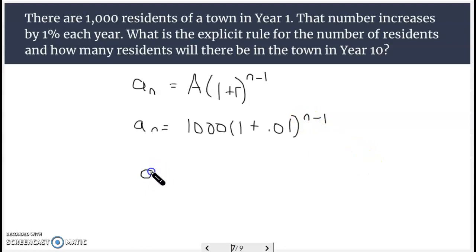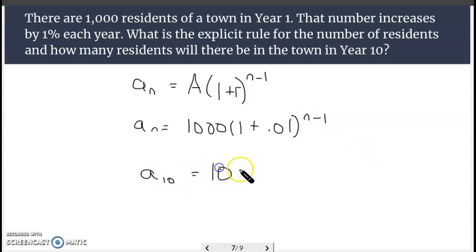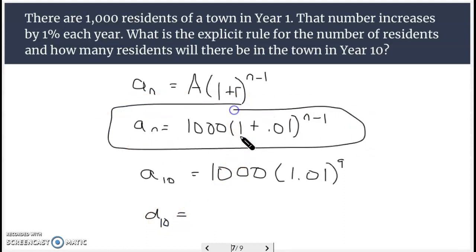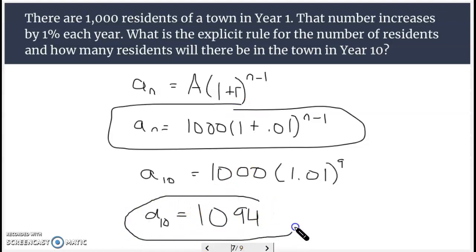To find A of 10, or year 10, start off with 1,000 for the first year, times 1.01, showing that growth, to the power 10 minus 1, which is 9. Then I think we get a decimal, 1,093 point something. We're going to round it up. The calculator shows 1,094 residents in year 10.